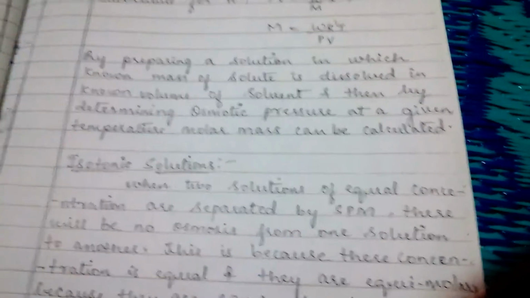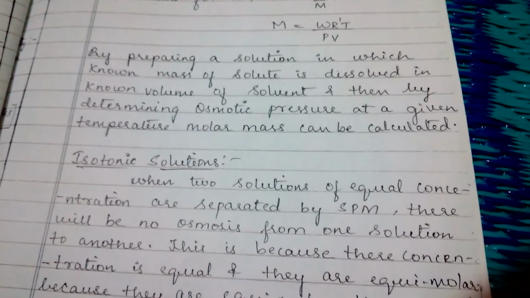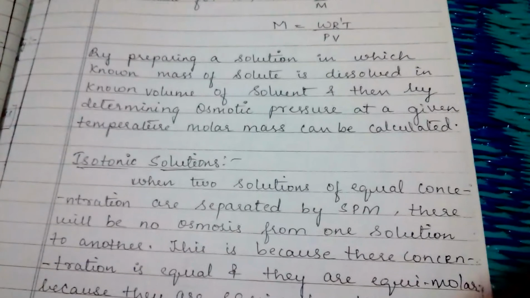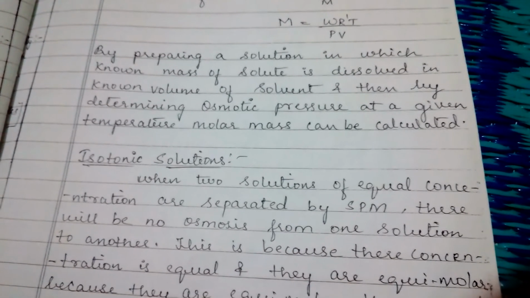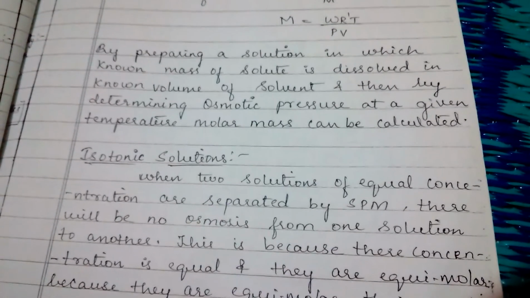By preparing a solution in which a known mass of solute is dissolved in a known volume of solvent, and then determining the osmotic pressure at a given temperature, molar mass can be calculated.